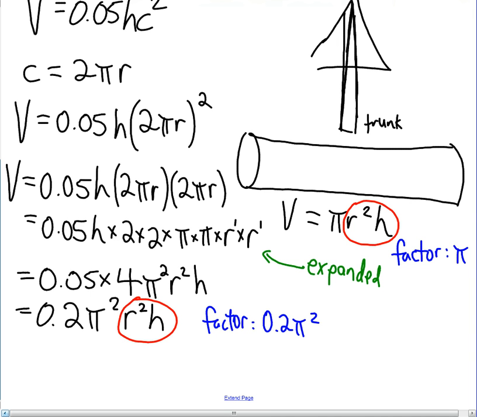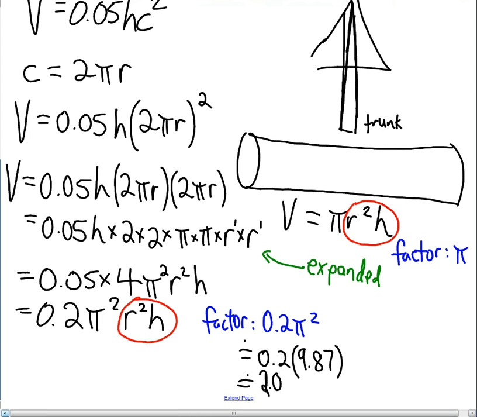And let's just compare how these would differ. Well, pi squared is about 9.87. If we multiply that by 0.2, we get about 1.987, or I can round that to about 2.